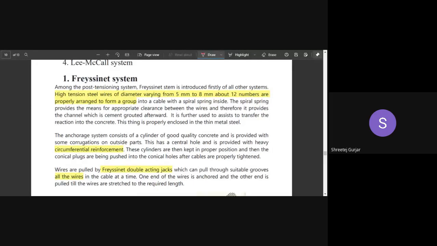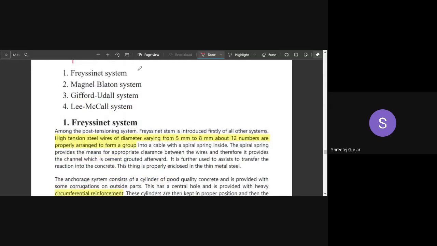Mainly these post-tensioning systems deal with how you anchor your tendons, how you anchor your steel wires. They present a method or a technique of how you pass your tendons and how you anchor them in place after tensioning. So these four systems give different kinds of methods and techniques of how you anchor your tendons in place.